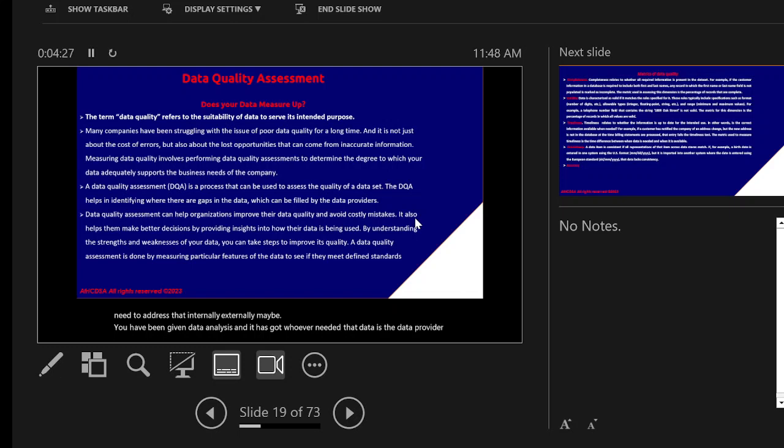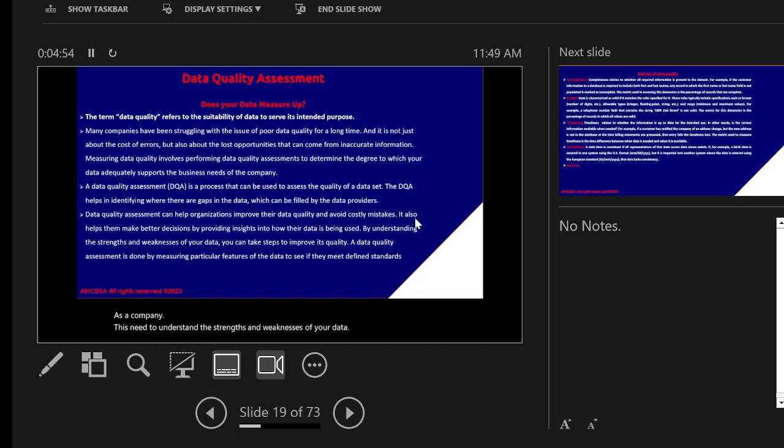Therefore, data quality assessment can help organizations to improve their data quality and avoid costly mistakes, because if you don't have good data, it can really be costly to organizations. As a company, there is need to understand the strengths and weaknesses of your data.